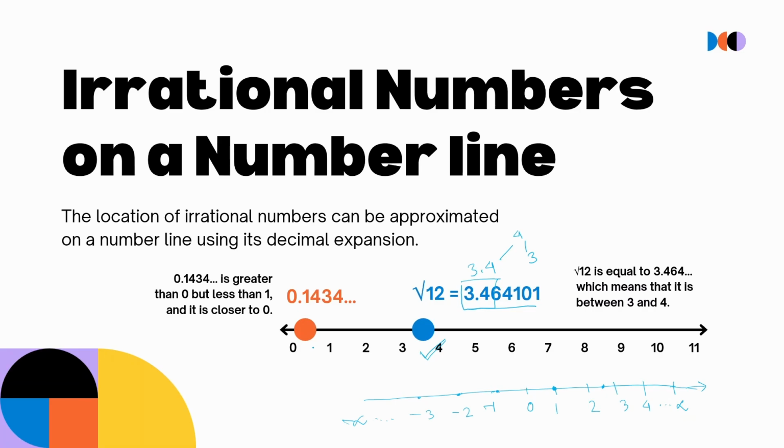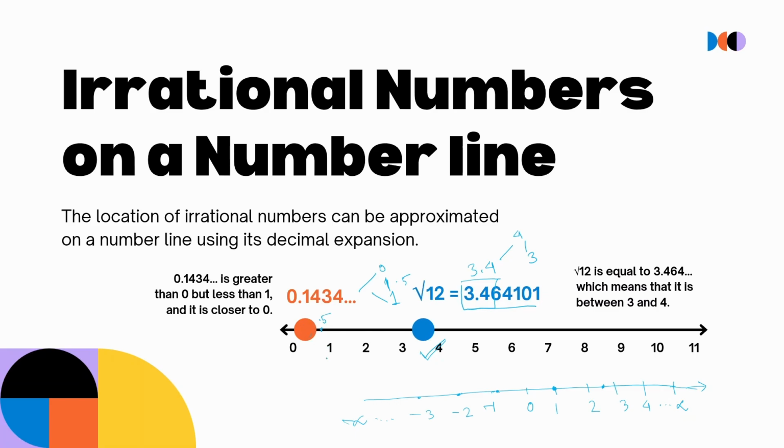If we check this and try to plot it, we will see it is nearer to 0, in between 0 and 1, but it is much less than 0.5. 0.5 is the middle. Suppose 0.5 is this place. So it is less than 0.5, so we have plotted the point 0.1434 here.